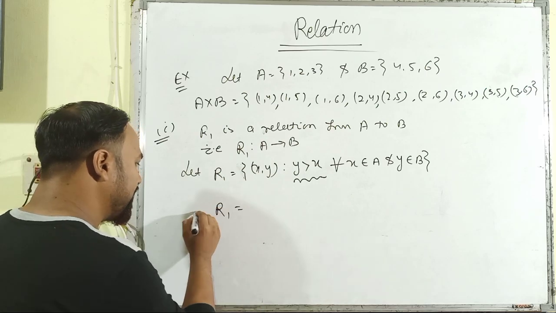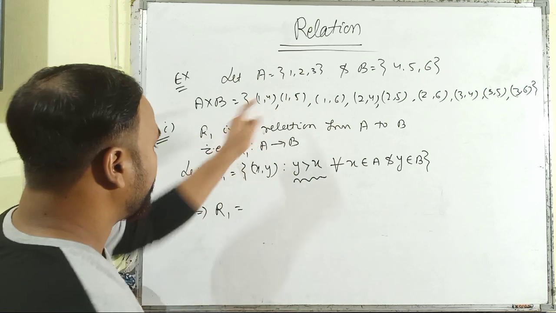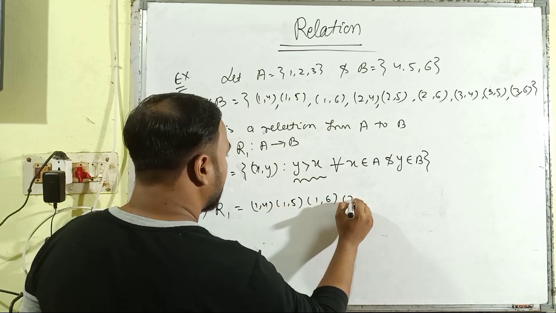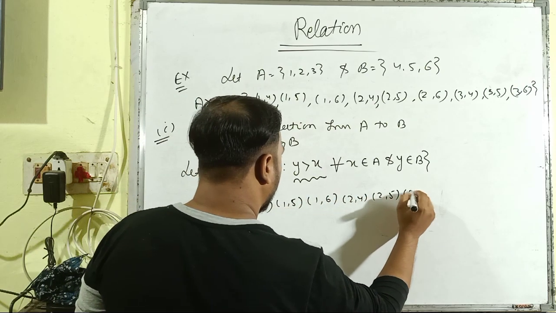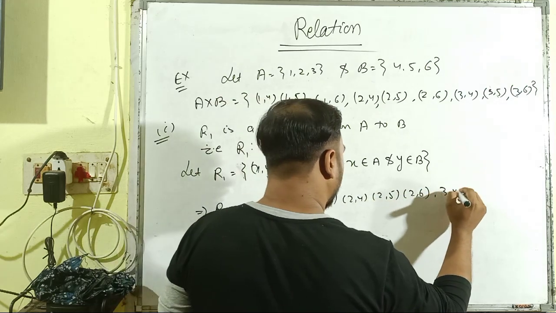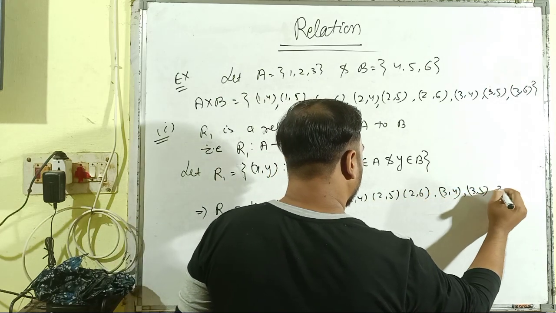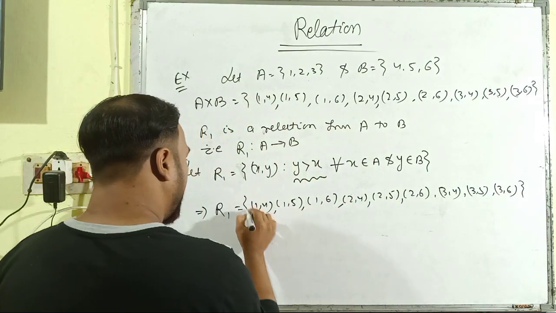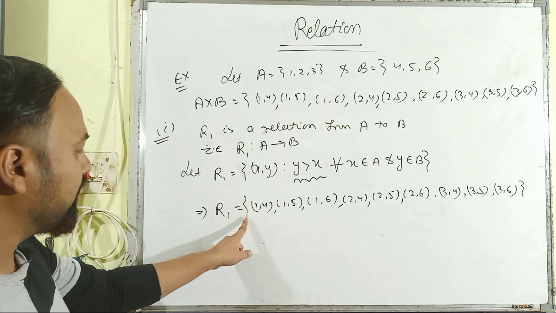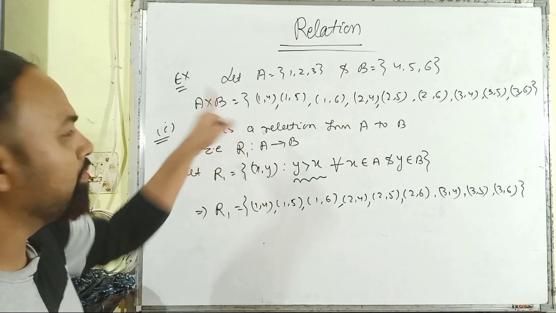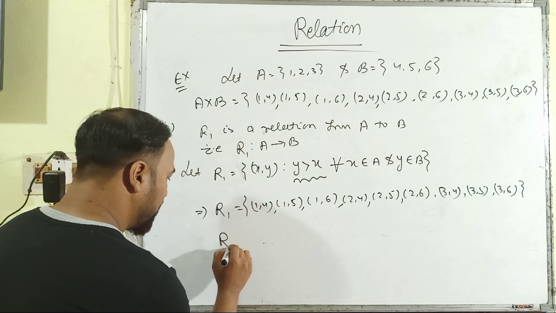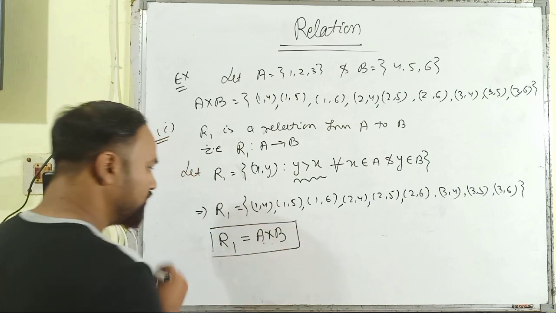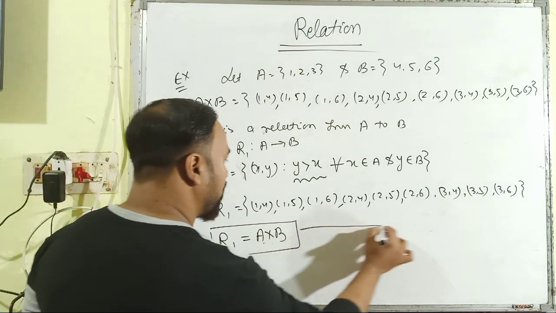That means R1 can be defined as (1,4), (1,5), (1,6), (2,4), (2,5), (2,6), (3,4), (3,5), (3,6). You can see that here the total relation R1 is equal to A cross B. That means R1 is A cross B, and it is equation number 1.